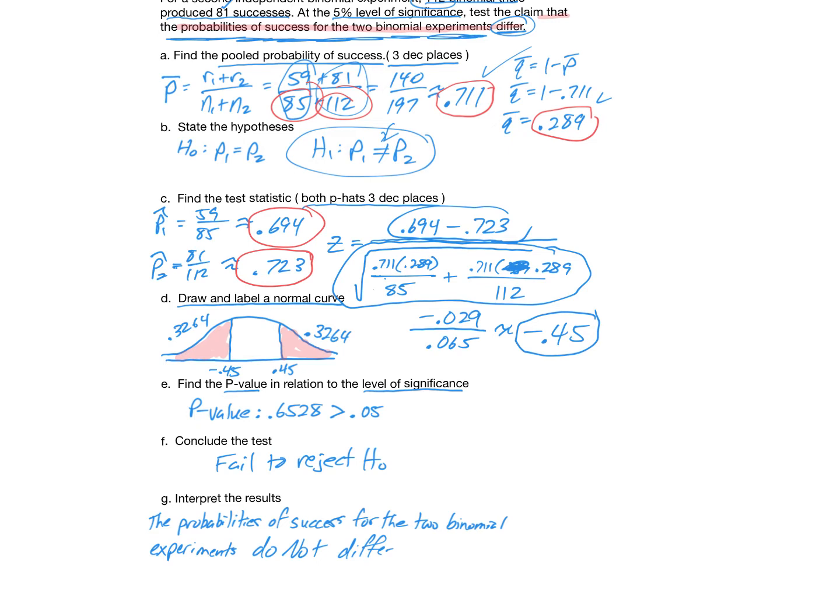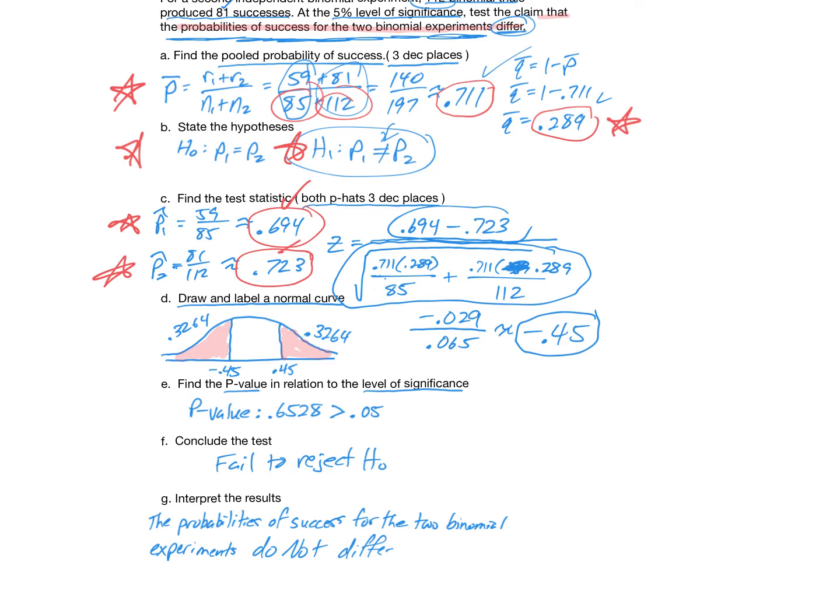So in our hypothesis testing, the first thing you're going to do is find P pooled and also Q pooled. You're going to state your two hypotheses. In order to find your test statistic, you have to find P1 hat and P2 hat to 3 decimal places.